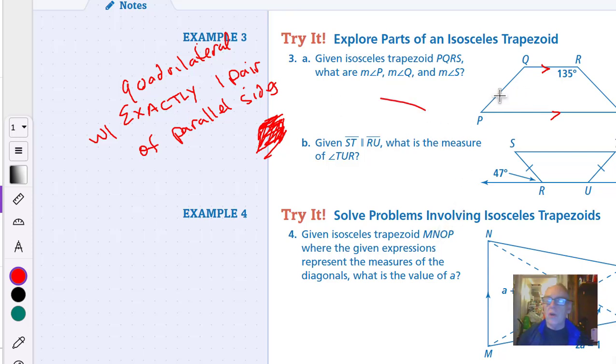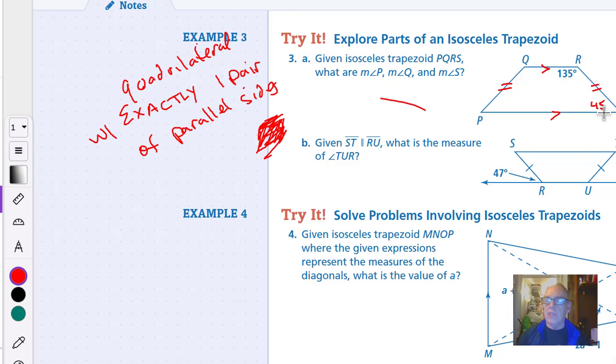Now, an isosceles trapezoid also has a pair of congruent sides. So QP and RS are congruent to each other. So we have parallel lines cut by a transversal. These alternate interior angles are congruent. We can do math with it. If this is 135, this has to be 45.